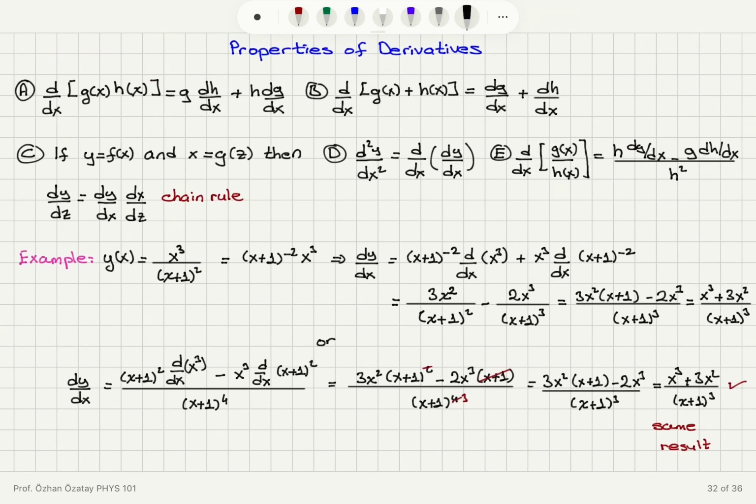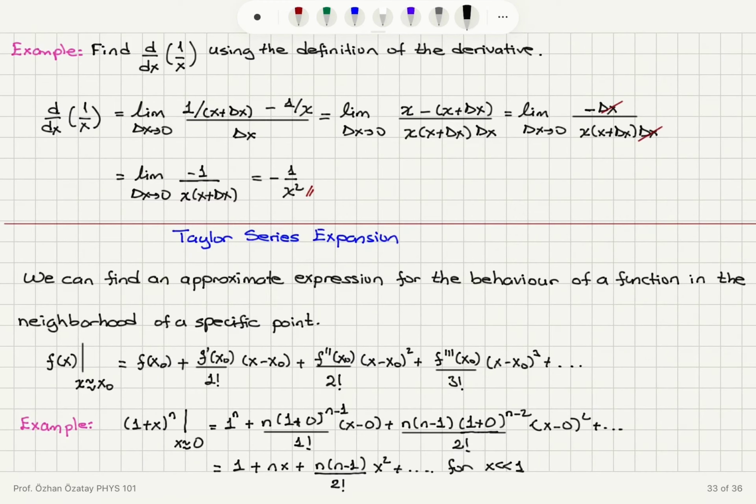The list was given here. Some properties of the derivatives: derivative of the product of two functions, sum of two functions. What if a function is a function of a variable where the variable is also a function of another variable? Then we have the chain rule, the definition of second derivative, and the derivative of the ratio of two functions.